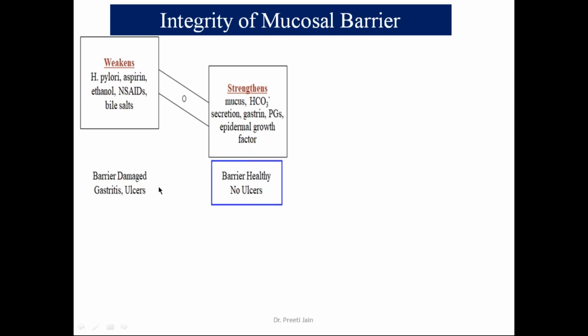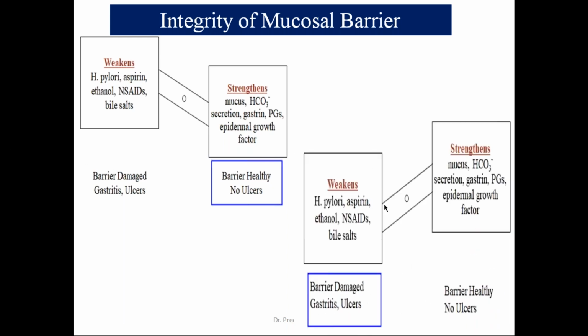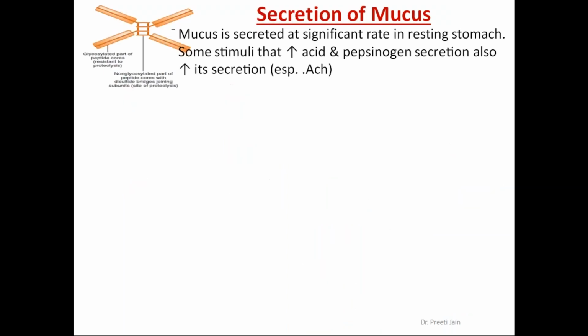Ulcer formation is the break in the gastric mucosal layer. ये अभी I'll tell in detail, okay? अगर इसका balance increase हो गया, this is just showing you the balance. If the strengthening part is heavier, the stomach remains healthy, and if this becomes heavier, there would be damage to the barrier causing ulcer or gastritis.